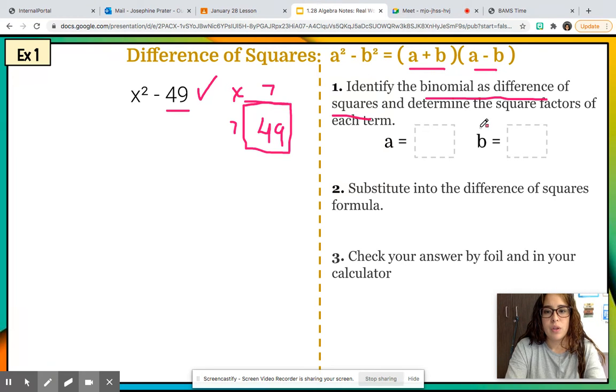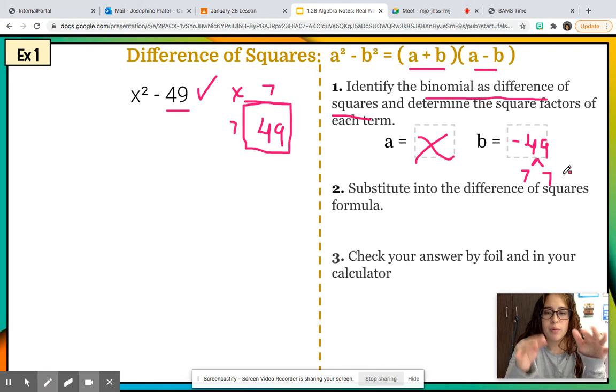So there was no coefficient in front of x. There was nothing. So I didn't have to fill this box in. But there is that constant, negative 49. And I know the square factors of it.